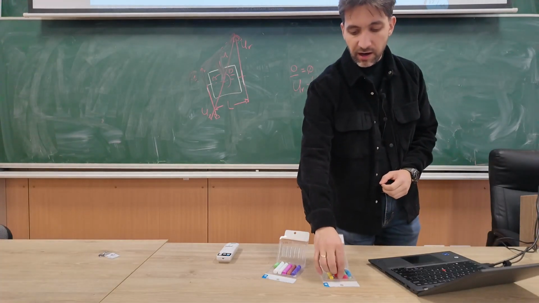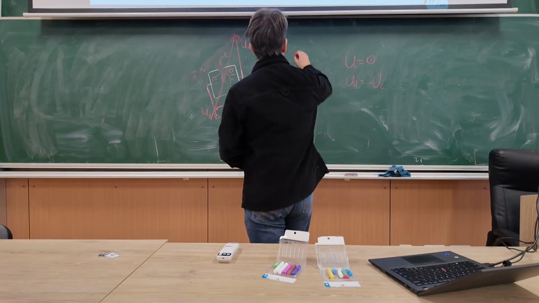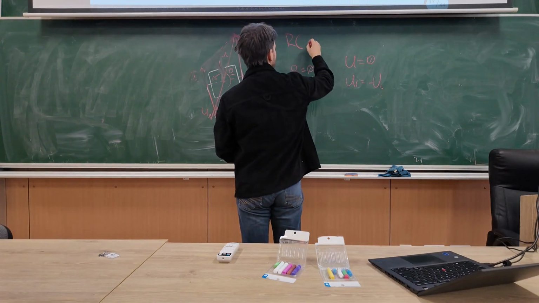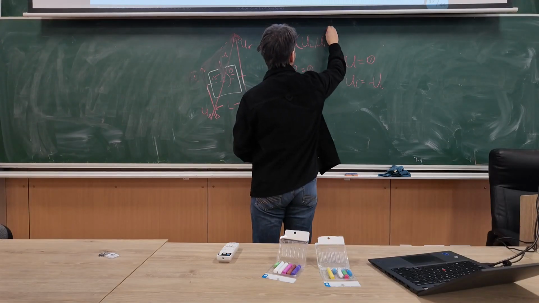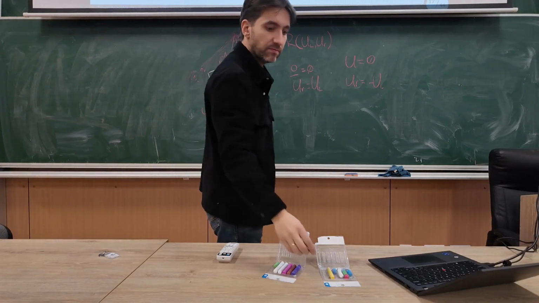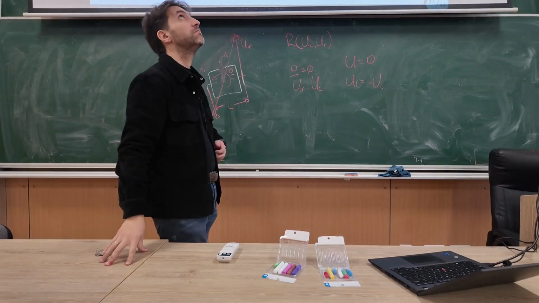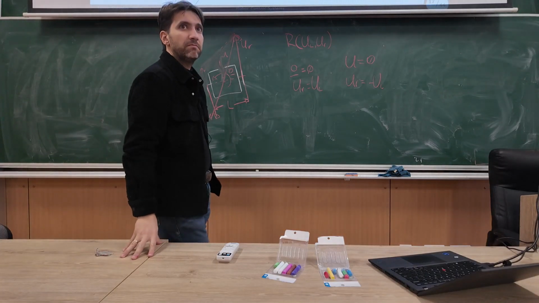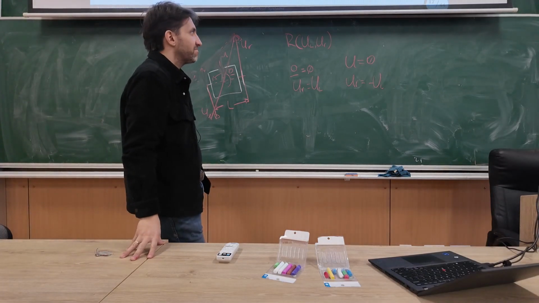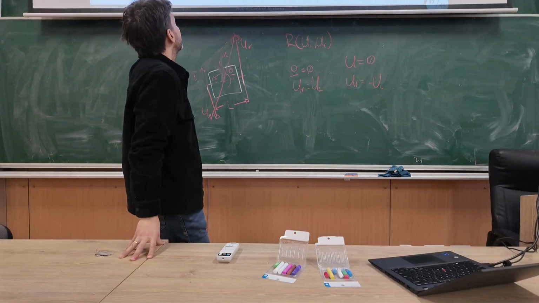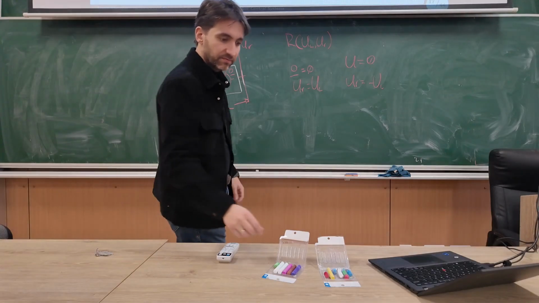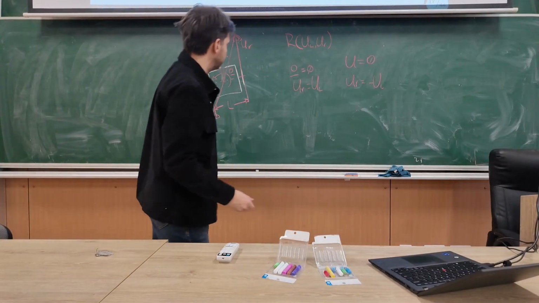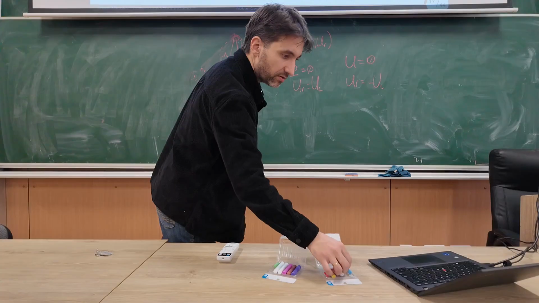So I want to calculate r as a function of, let's say, ul, ur. How can I do that? Any idea? Use another color.